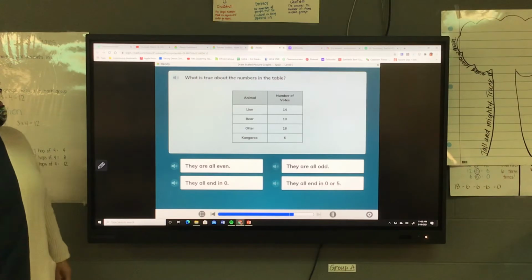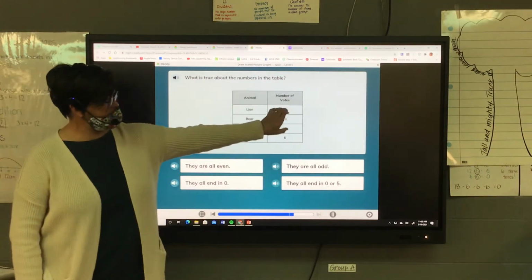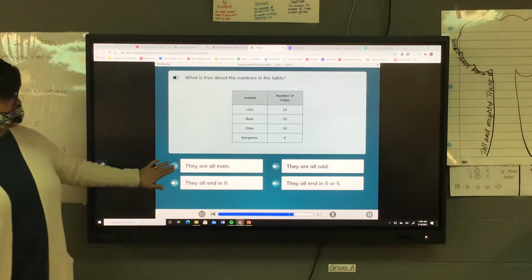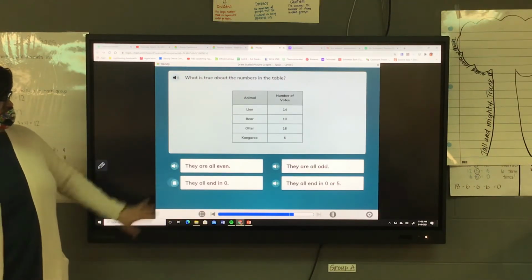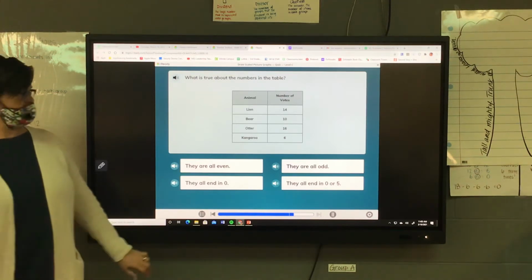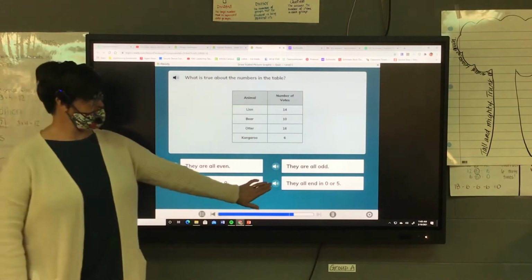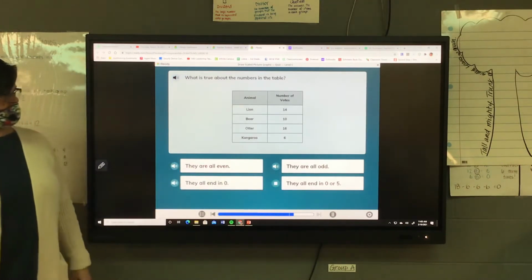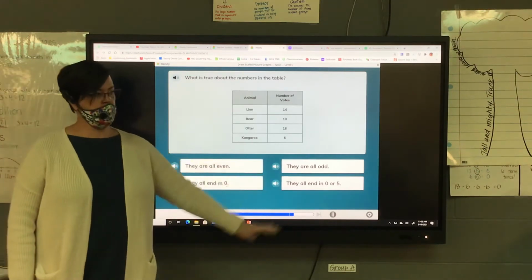What is true about the numbers in the table? Okay, so looking at the numbers here. They are all even. They all end in 0. They are all odd. They all end in 0 or 5. So 1, 2, 3, or 4.